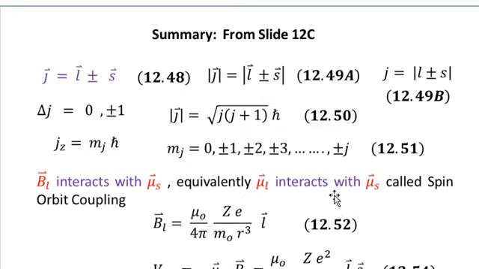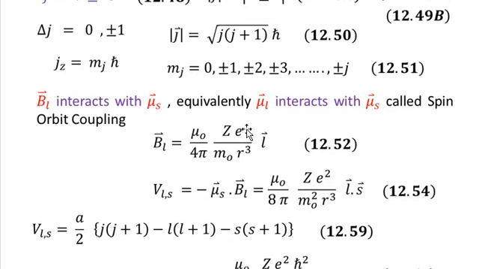Equivalently, mu L interacts with mu s, called the spin orbit coupling. So you see that when there is an interaction between the orbital magnetic moment and the spin magnetic moment, that interaction is called the spin orbit coupling. Basically, the spin orbit coupling arises due to the interaction of the spin magnetic moment with the internal magnetic field BL.